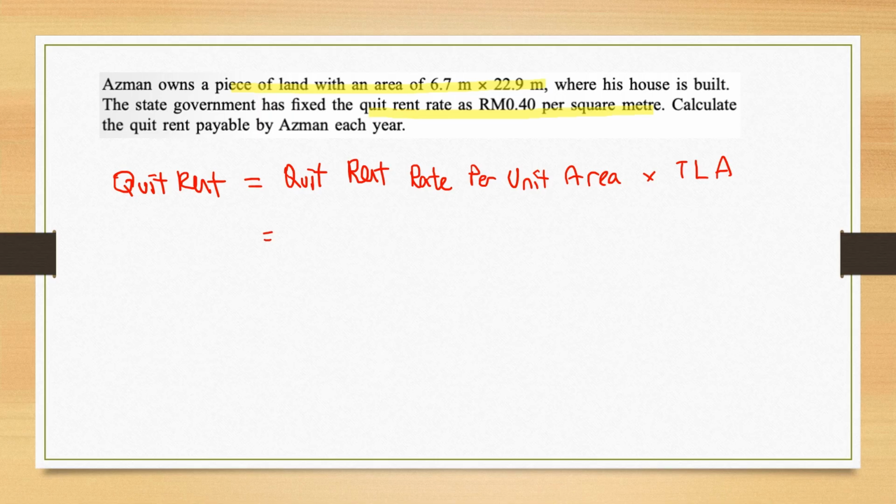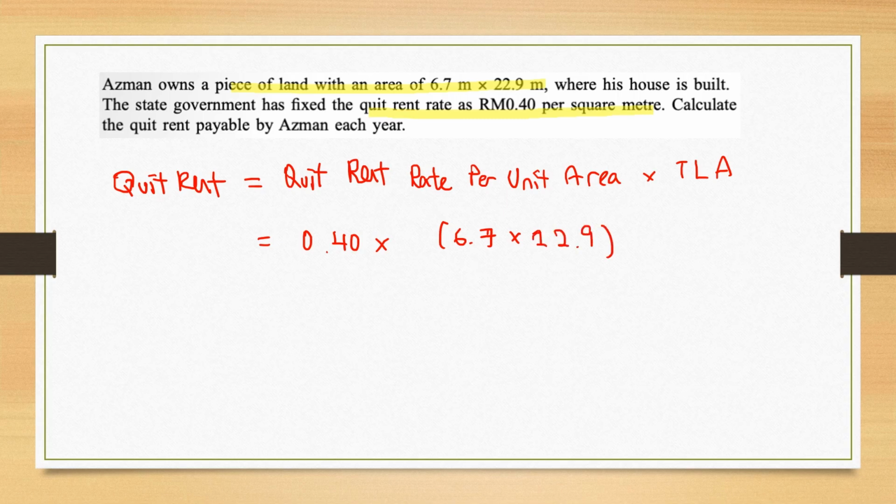That would be 6.7 times 22.9. That's your total land area, by the way. Times 40 cents. Let me just rewrite that so it's relevant to the figure. For the formula, per unit area would be 0.40 times 6.7 times 22.9 meters.